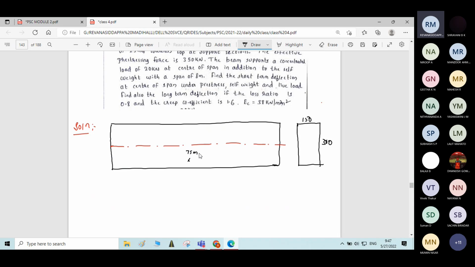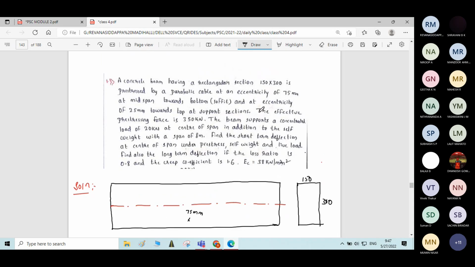And at an eccentricity of 25 mm towards top at support, towards top means upward direction, 25 mm. Here the eccentricity is 25 mm, and here also the same, 25 mm. Now you draw the cable profile.